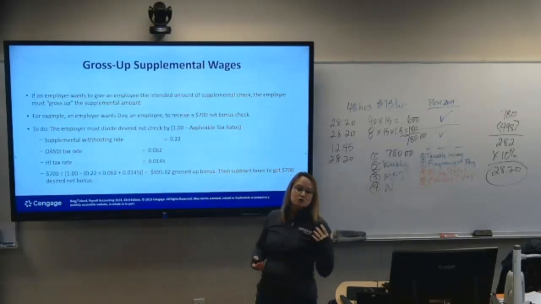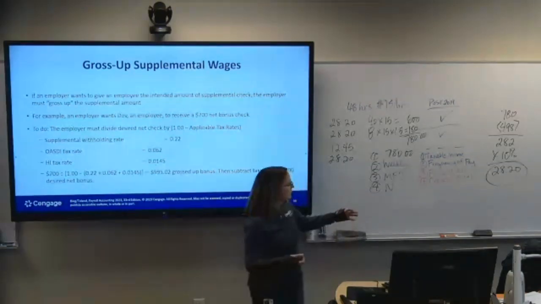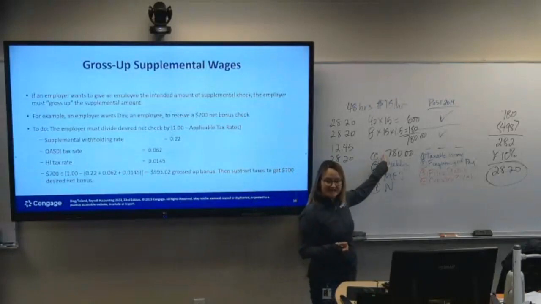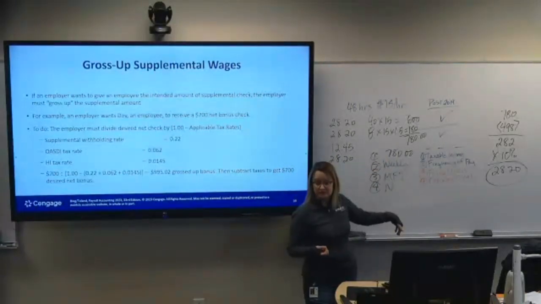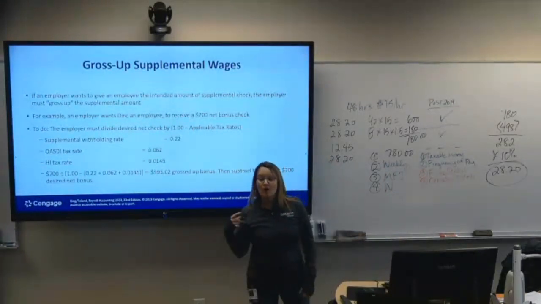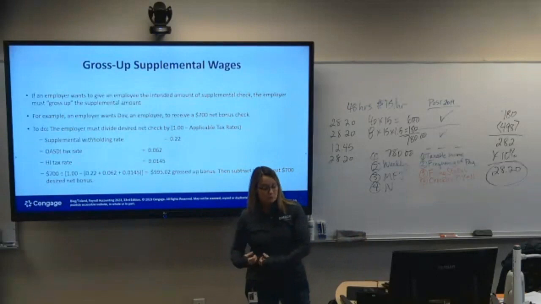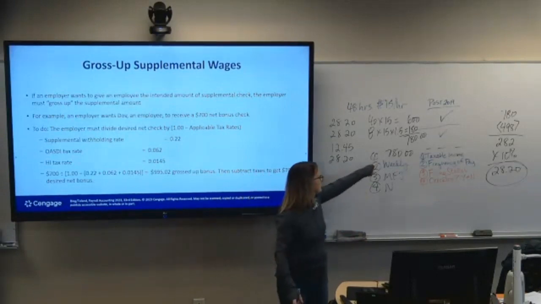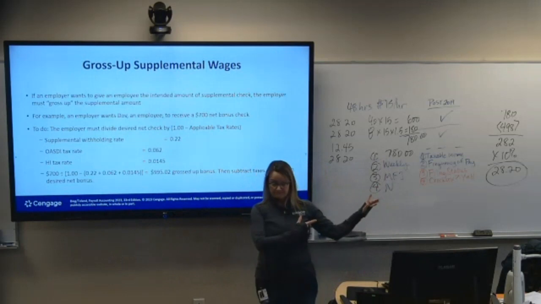This is where you know how much you want the employee to receive. Here, we know what their taxable income is, but we don't know what their net income is yet; we have to do all these calculations. With gross up, we know what we want them to receive, what they're going home with, so how much do we pay them? We back into that.